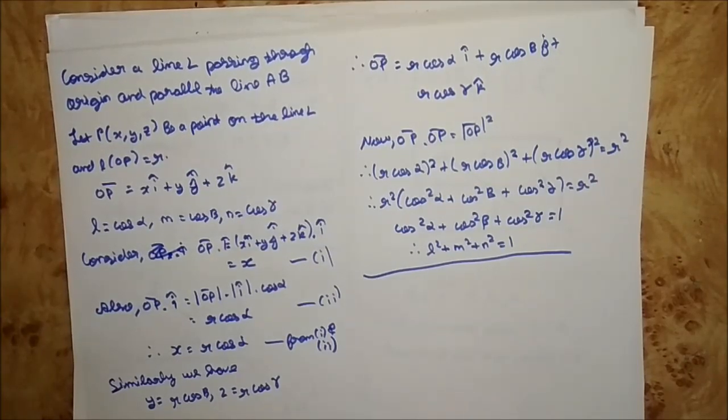Now direction ratios. Let's talk about some direction ratios. The real numbers proportional to the direction cosines of a line are called direction ratios of a line.